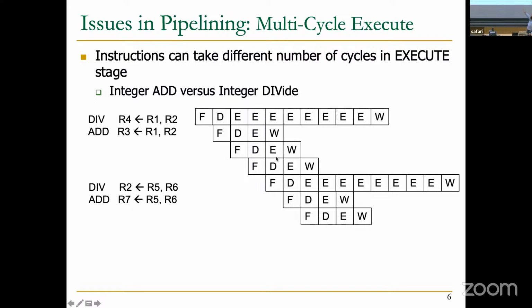So we fetch, decode, then move to the execution for 8 cycles, and then we write back. For addition, it only takes 1 cycle, so we do fetch, decode, 1 cycle of execution, and then write back, and so on and so forth. So this is the pipelined processor that we designed. Can you tell me if this works correctly or not?